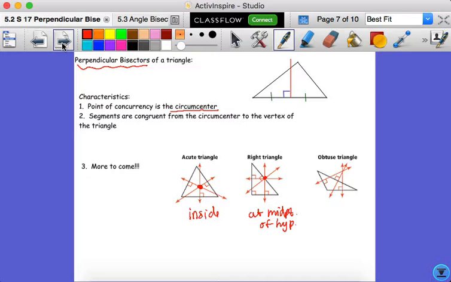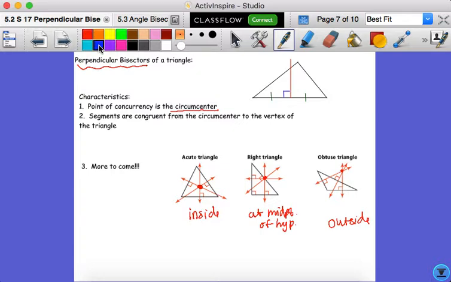And in an obtuse triangle, the circumcenter is outside the figure. And those are going to be important to us in terms of where this point can be located. So in this case, a circumcenter created by the perpendicular bisectors can be inside, on, or outside the figure.